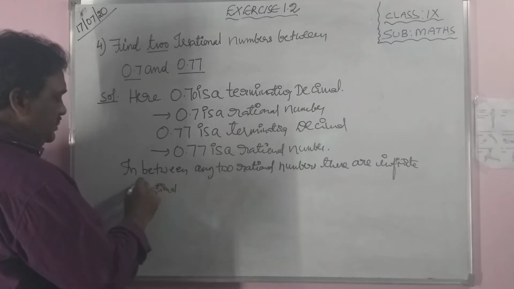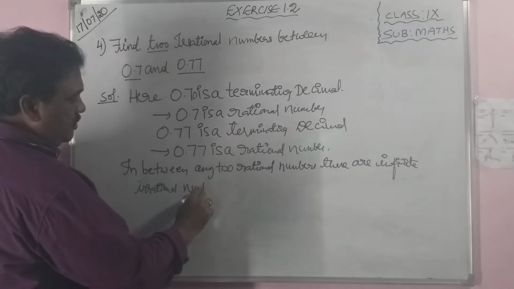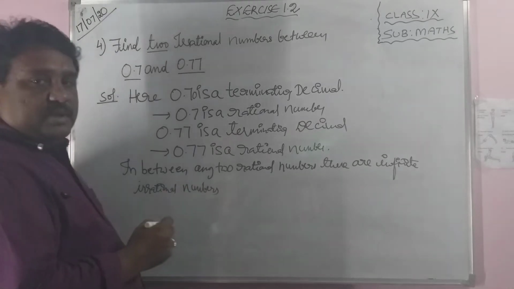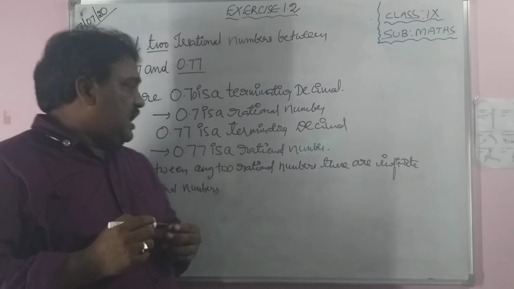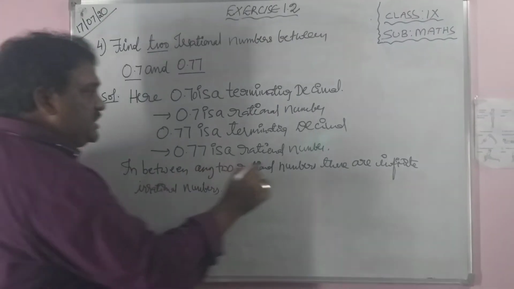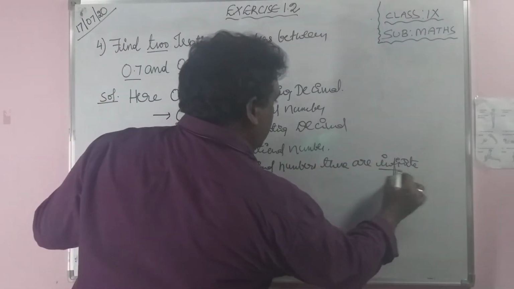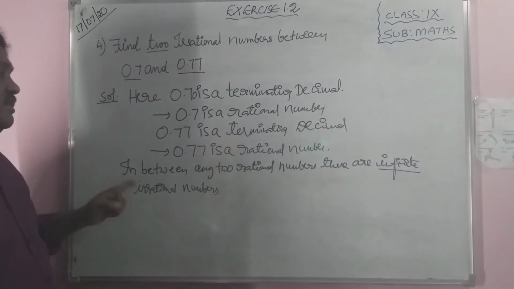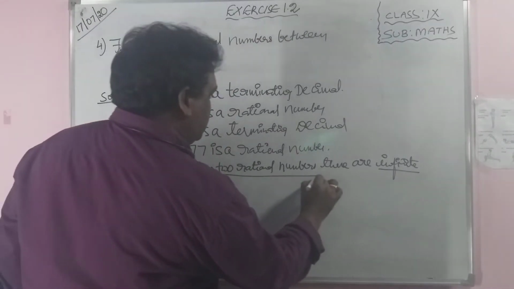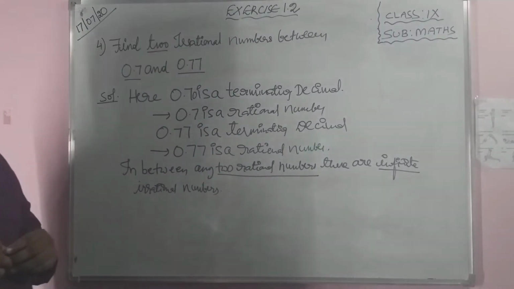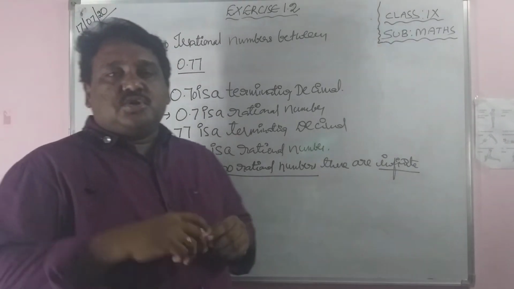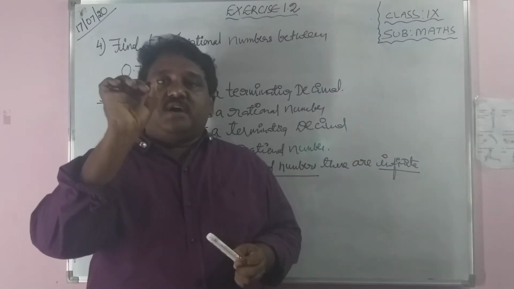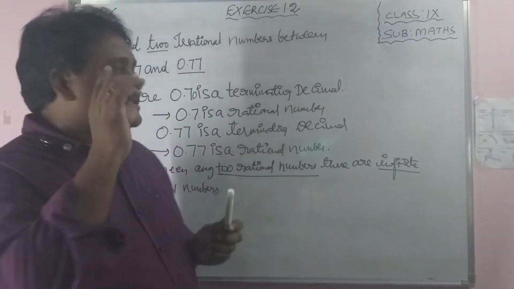In between any two rational numbers, there are infinite irrational numbers. So we need to find two irrational numbers out of the infinite irrational numbers.